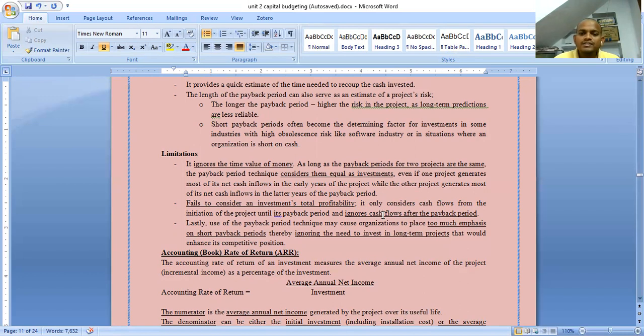So always it emphasizes the short term, but it ignores the need to invest in long term projects. Why are we investing? It enhances the competitive position. That is the drawback in the payback period.